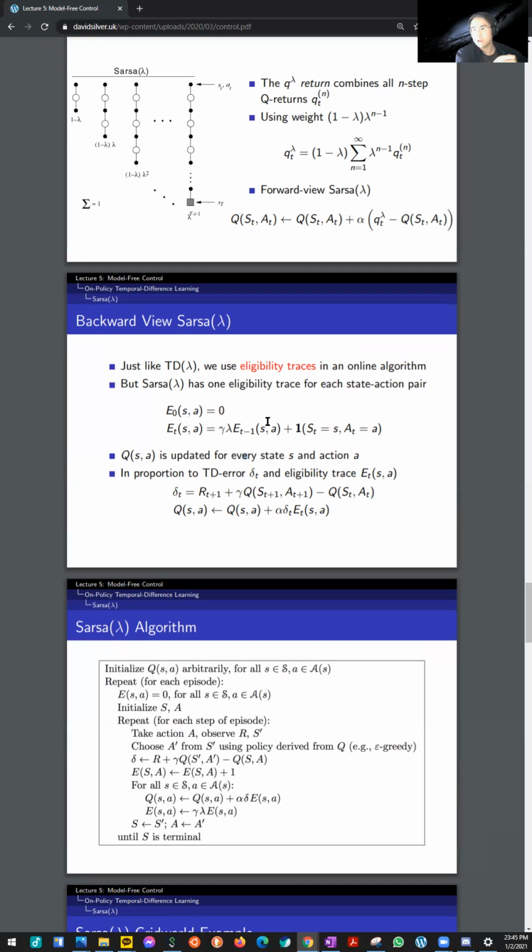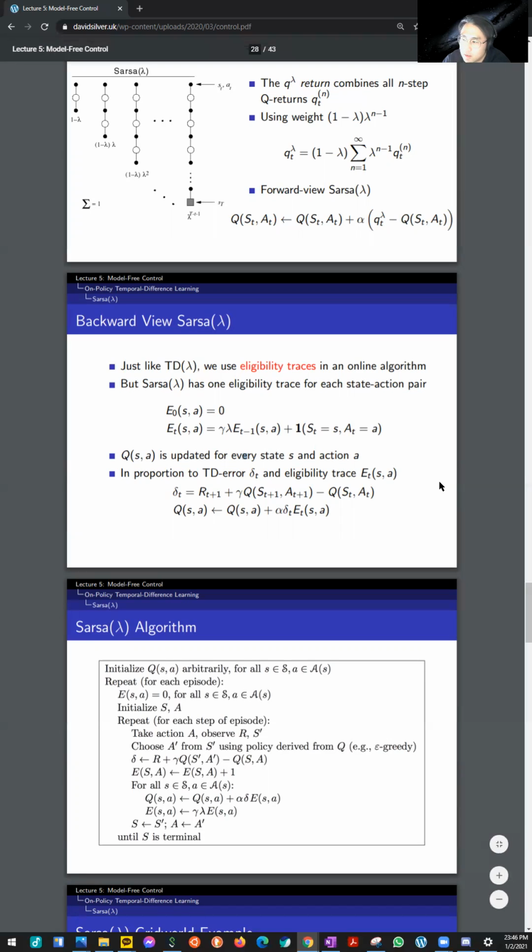That's why, as time goes by, we want to decrease the eligibility trace, which is the factor that determines how much our Q value will be updated, as you can see in the last formula here, right?